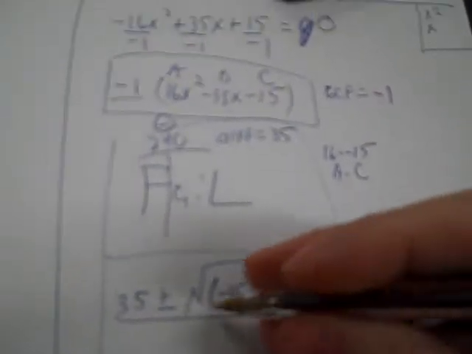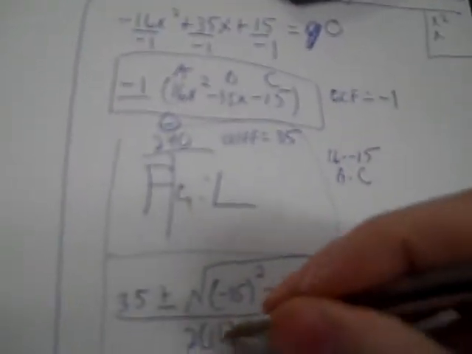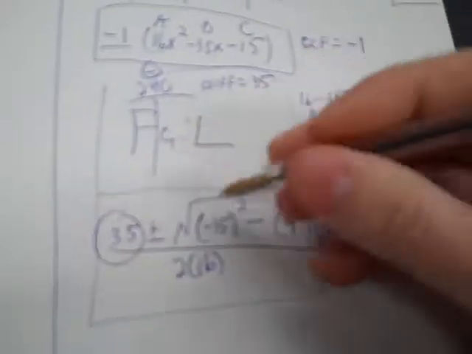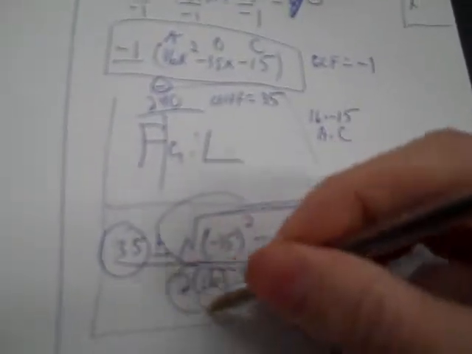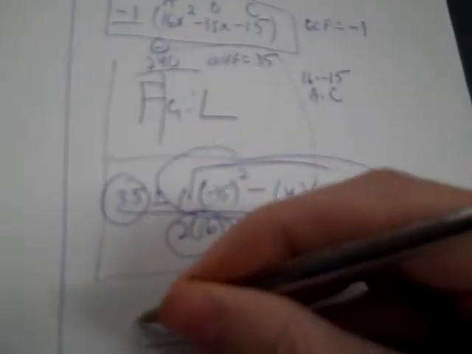Now on bottom we have 2, and whatever A is, which is 16. So I know I got 35, and 2 times 16 is 32.